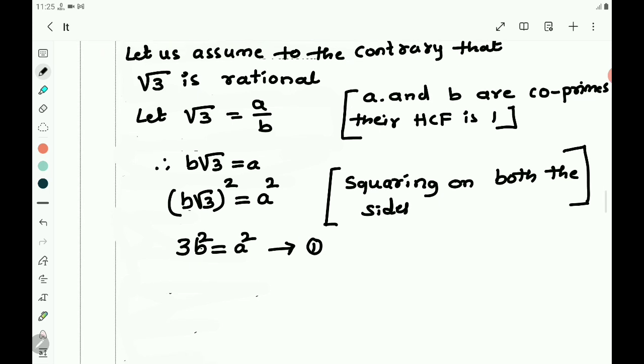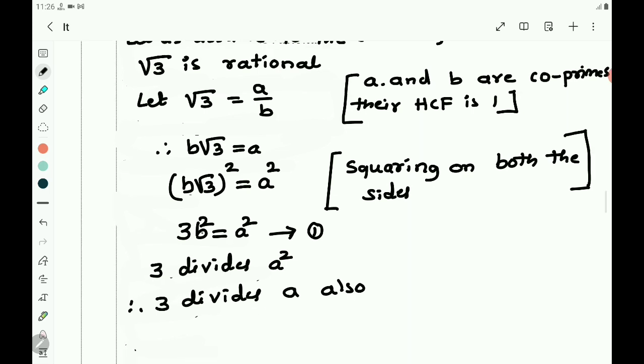Now here you can write that 3 divides a square, and also you can conclude 3 divides a also. According to the theorem related to it, if 3 divides a square, then 3 divides a also.